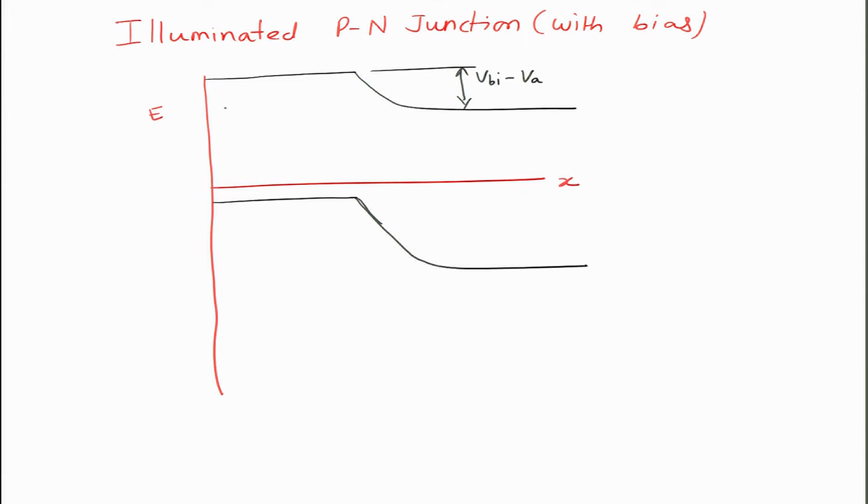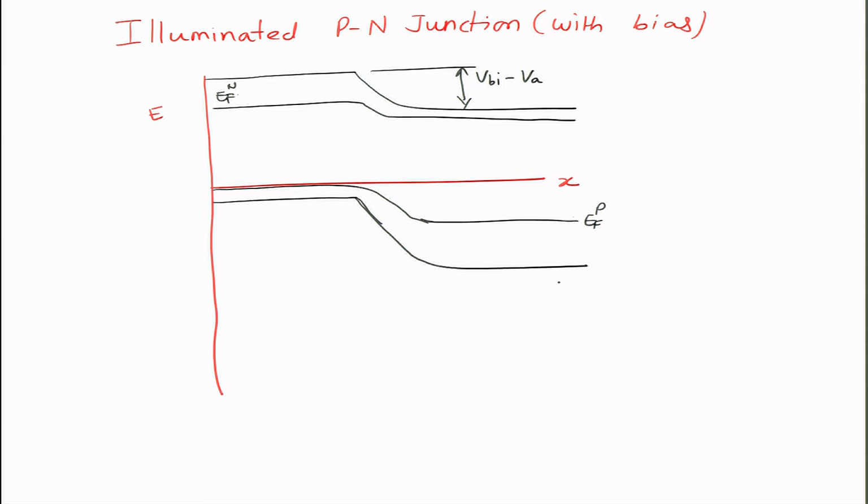So, the Fermi levels will slowly start shifting down. This Fermi level, which is EFN, the quasi Fermi level for electrons, goes like this, and the quasi Fermi level for holes on this side goes like this. Let us say this is EFP.